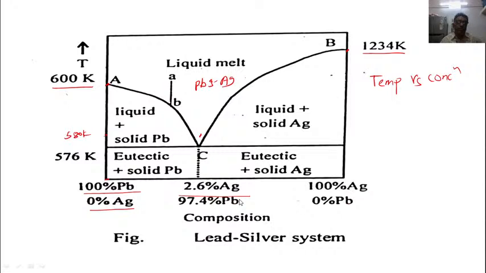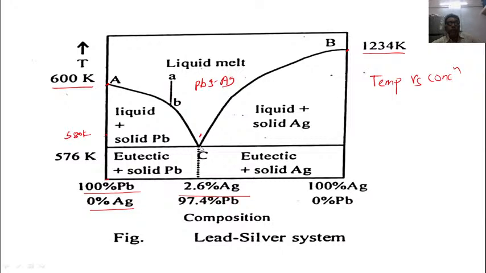F is equal to 0 because it will exist only at a fixed temperature and fixed composition. If you change the temperature, the system will change. If we change the composition, the system will change. We cannot change it. It should be fixed and constant. Only then will that eutectic point, that eutectic mixture, be seen in the phase diagram.